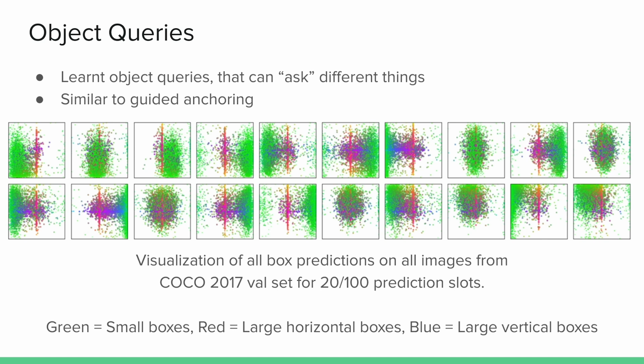And it's quite interesting to see that some of these object queries focus more on the center and say, well, give me small boxes and big boxes in the center, and other object queries are conditioned to look on the side and maybe only look for small objects on the left or small objects on the right or long objects in the center, and so on and so forth.